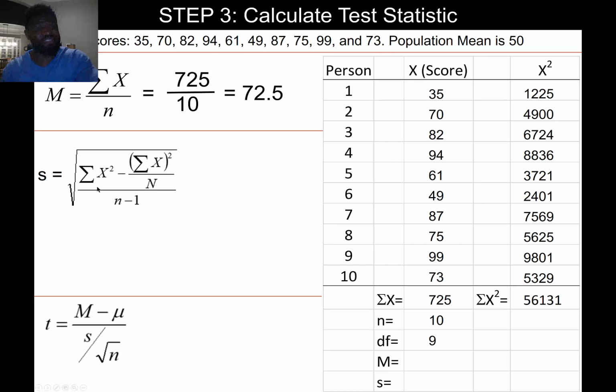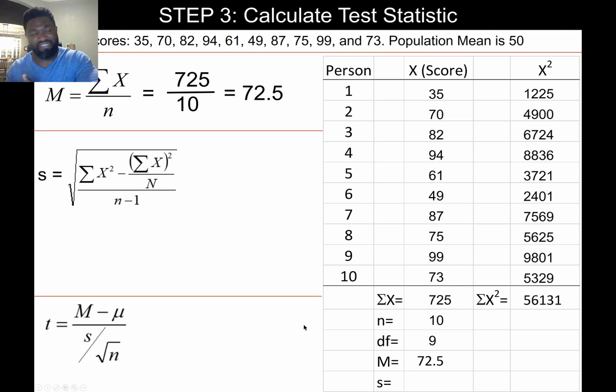Now we have to get the sample standard deviation. Again, this says take the sum of all the squared x scores, and from that subtract the quantity, the sum of all the x's squared. So square the 725 and divide that by n, which is 10, and then divide all that by n minus 1, which is your degrees of freedom. We already calculated that 72.5, so I went ahead and animated it there.